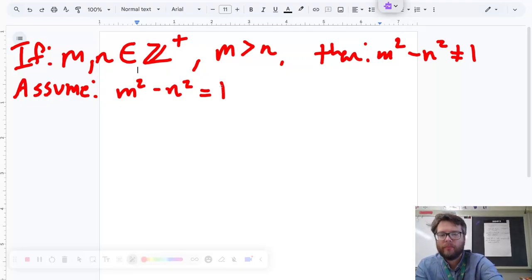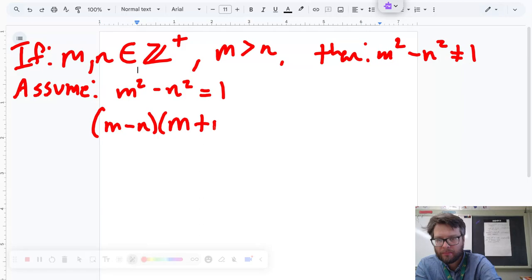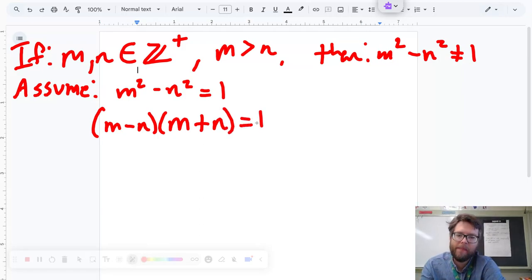Okay. That it can be factored as m minus n times m plus n. Okay? And what we know is we know that m is greater than n, and we know that they're integers.